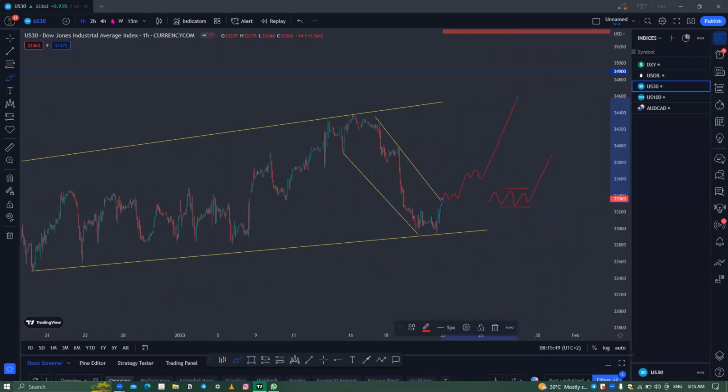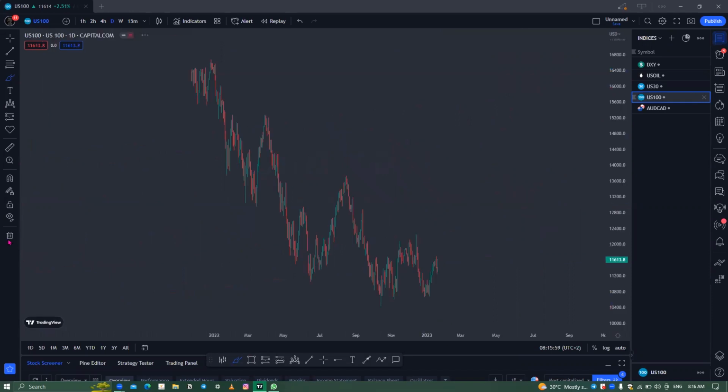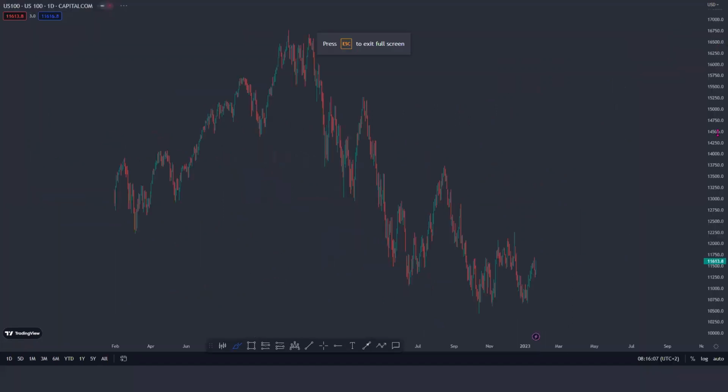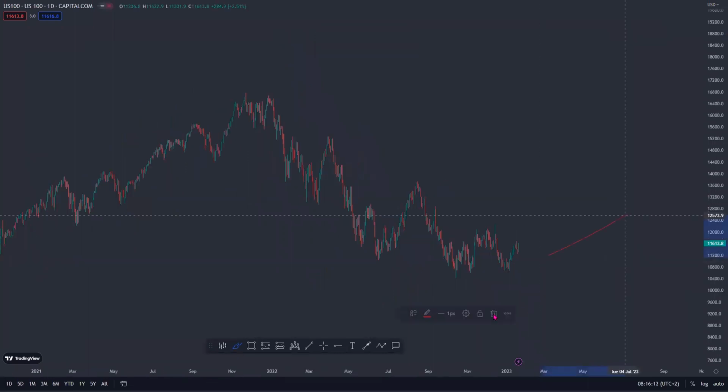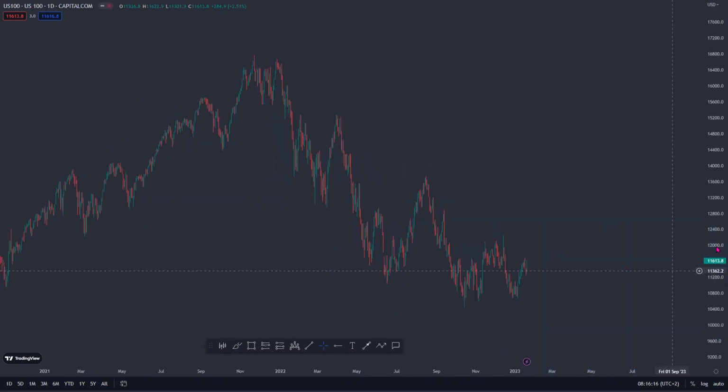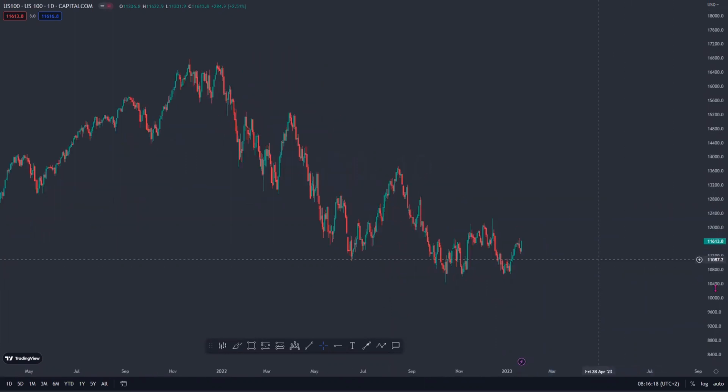The daily time frame. So let's look at the one and only US100, aka NASDAQ. We are on a daily time frame.